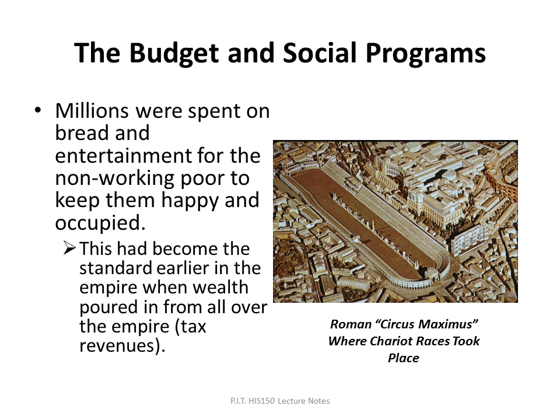This had become the standard earlier in the empire when wealth poured in from all over the empire with the taxes. Well, at some point, when the tax revenues shrink so much, there's not enough money to keep the entertainment going and to keep the bread going. And you are upsetting all of the people who've become accustomed to these social programs.